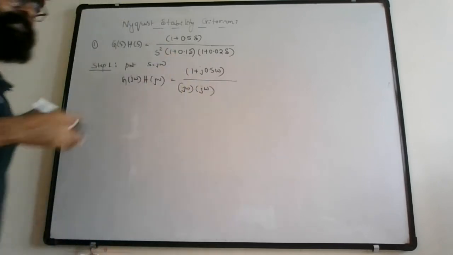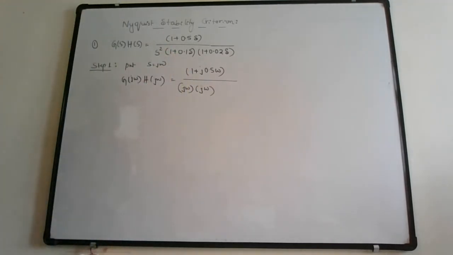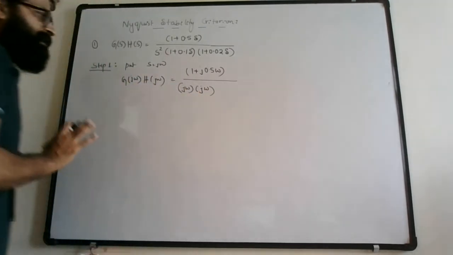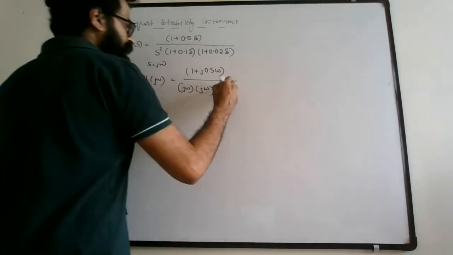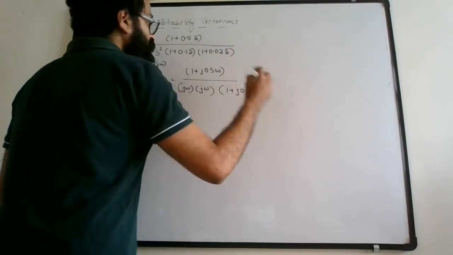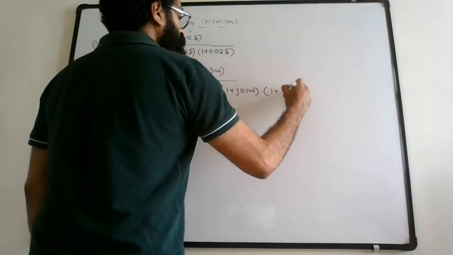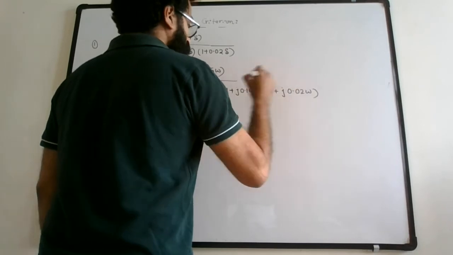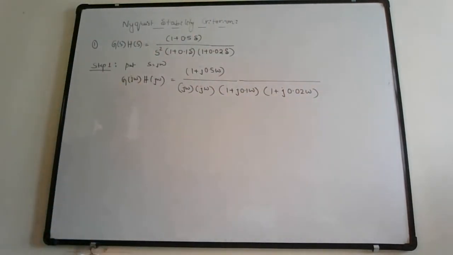So it is j omega the whole squared, right? For known reasons, let me write it as j omega into j omega into 1 plus j 0.1 omega into 1 plus j 0.02 omega. Alright, so that's your step 1.